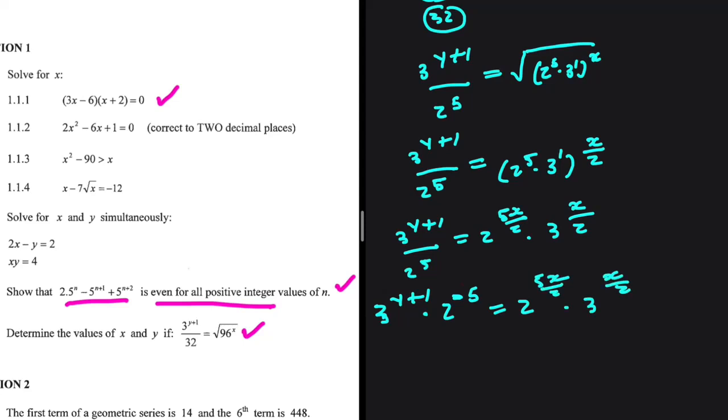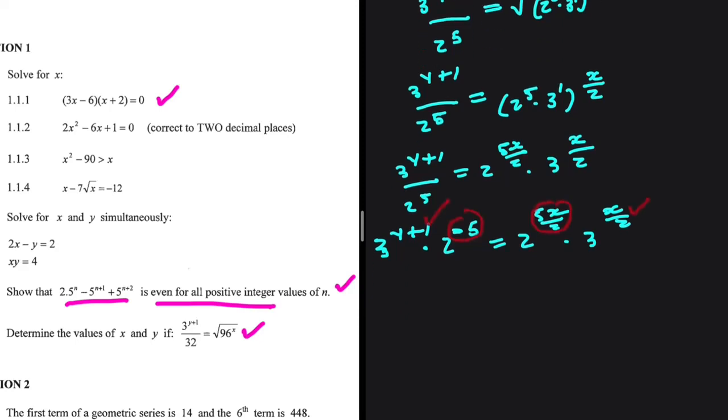We can equate minus 5 and 5x divided by 2, and y plus 1 with x divided by 2. So if we say minus 5 is equal to 5x divided by 2 and we cross multiply, we're going to get 5x being equal to minus 10. So x is equal to minus 2.